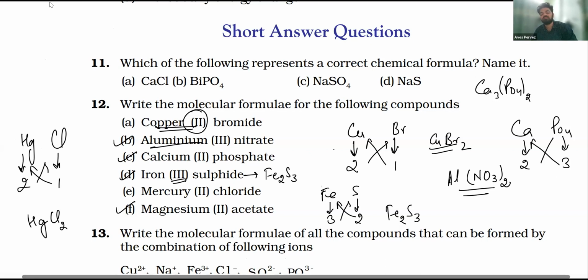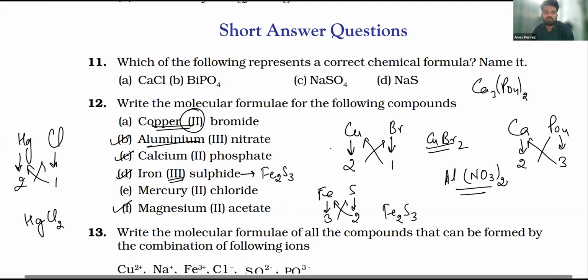Magnesium acetate. What is the formula for the acetate ion? What is the valency? Acetate is CH3COO, and it has valency only 1.